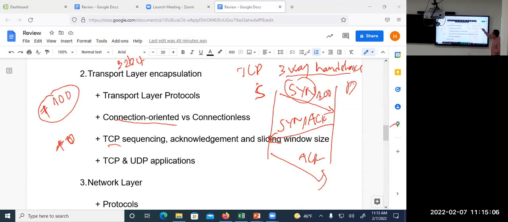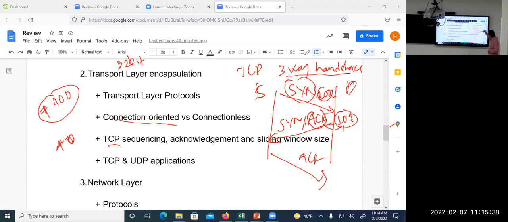When this guy receives the SYN request from the source, he sends out an acknowledgement confirming, hey, I already received the sequence request 100 from you, and now I expect the next one to be 101. That's why the acknowledgement is always one number greater than the sequence number.